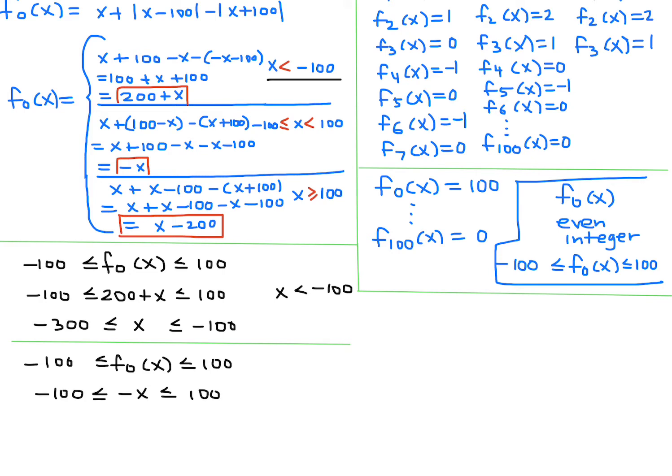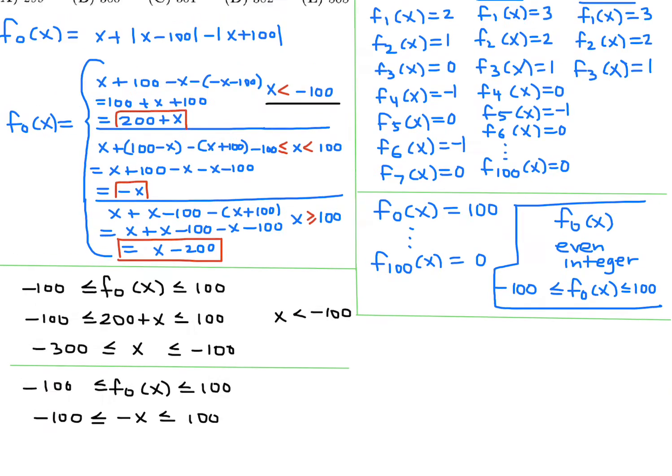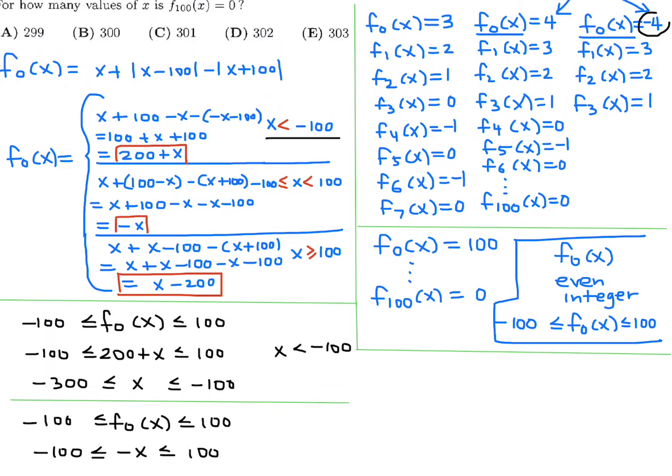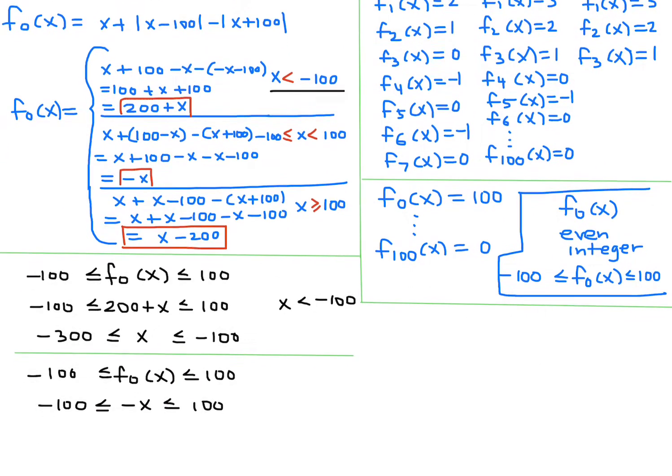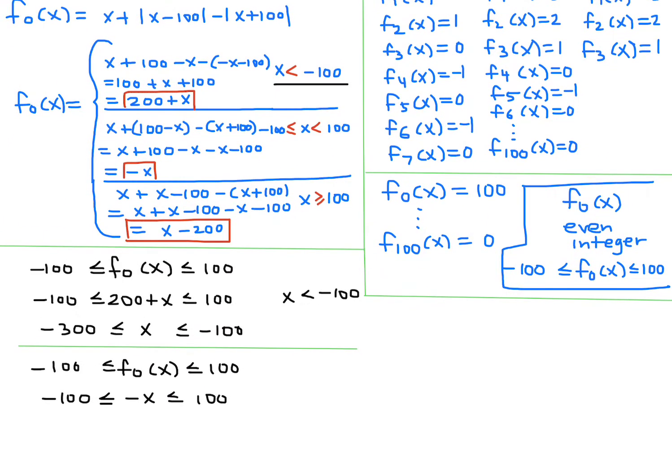So x can be a negative integer, as you clearly saw over here, as long as it's even. So the fact that you have -x shouldn't worry you. That's perfectly fine. We just have to make sure that at the end we only take the even values of x. So this gives me another range for x. It's between -100 and 100.